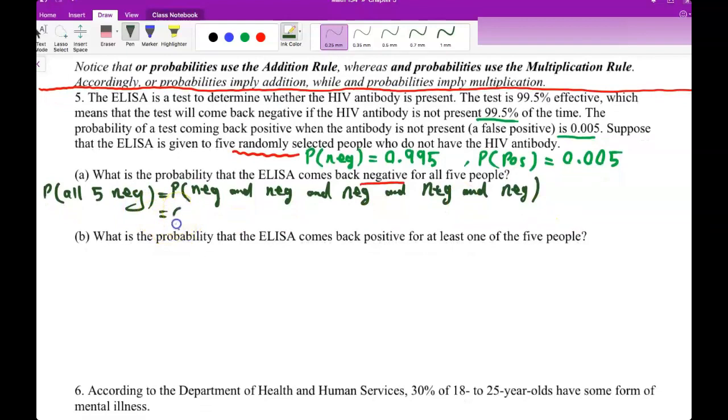That is equal to, probability of negative is 0.995 multiplied by, again, probability of negative 0.995.